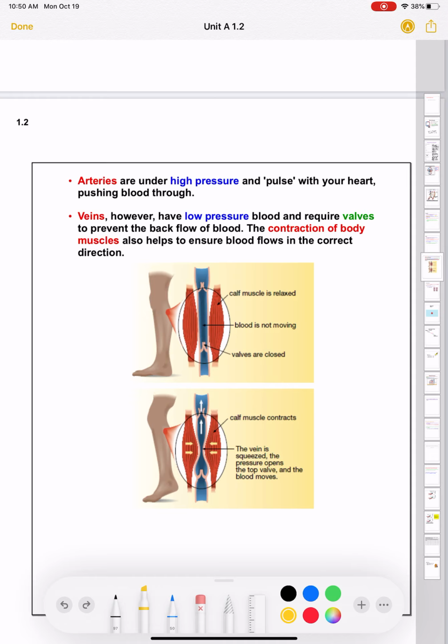Arteries are under higher pressure and pulse with your heart, pushing blood through. Veins, however, have low pressure blood and require valves to prevent the backflow of blood. The contraction of body muscles also helps to ensure blood flow in the correct direction.